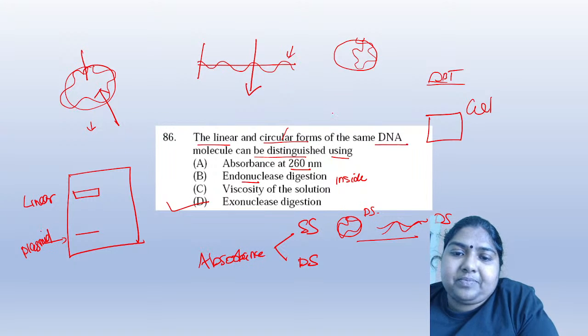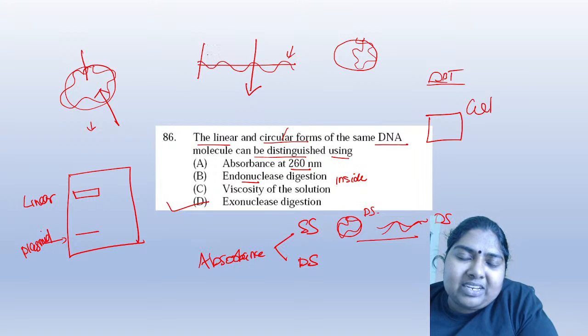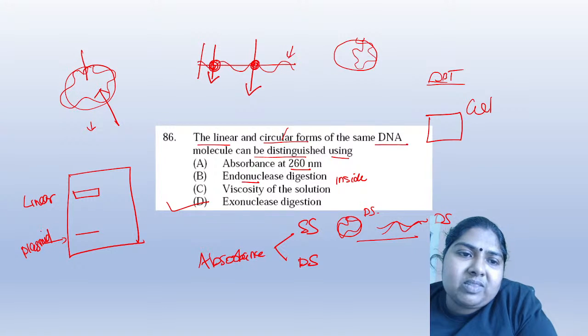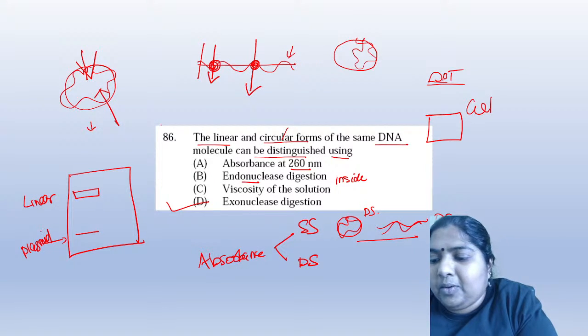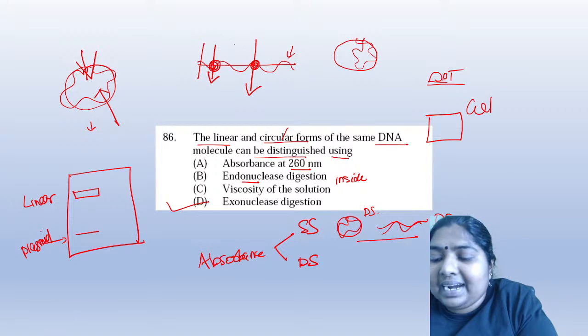So the sites may vary. For example, two sites are present here and here. One site is here, one site is here. So here I have the same two sites. So anyhow it is going to digest at the two points.